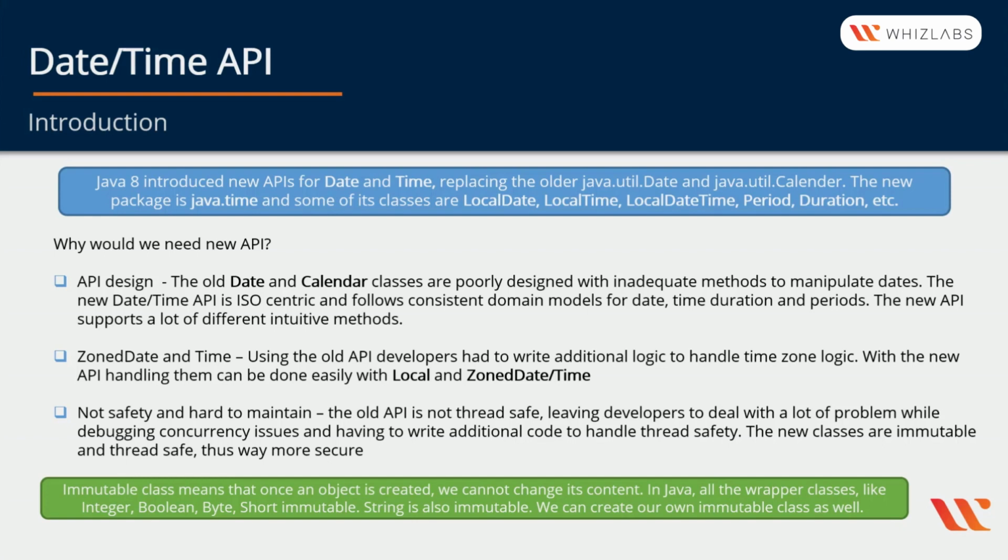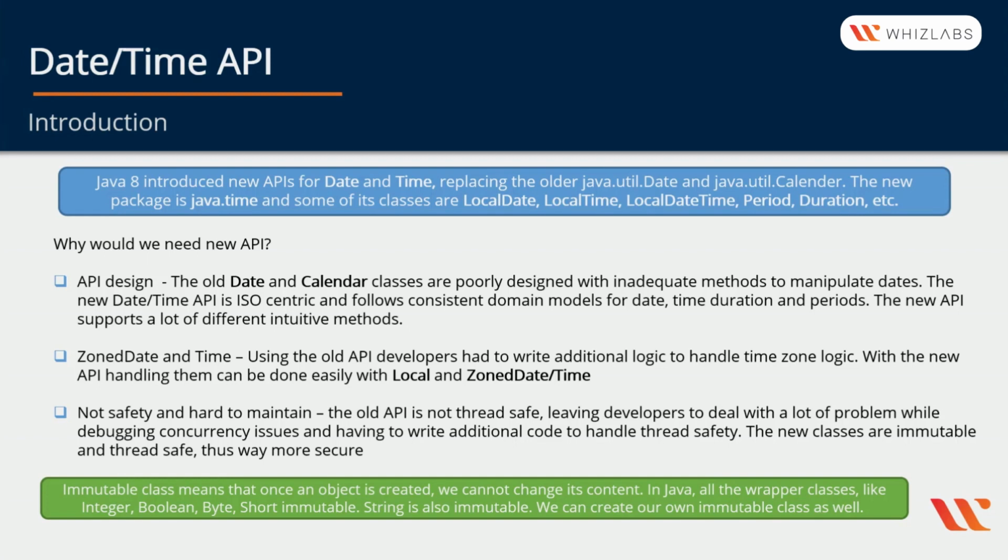Don't get me wrong, you can still use the old APIs, but all the relatively new projects will use the new one. I won't get into the old way because of that. It would be time consuming and you will benefit very little from learning about some old Java stuff that's hardly ever used. In the following videos we will learn how to create, manipulate and format dates and times.